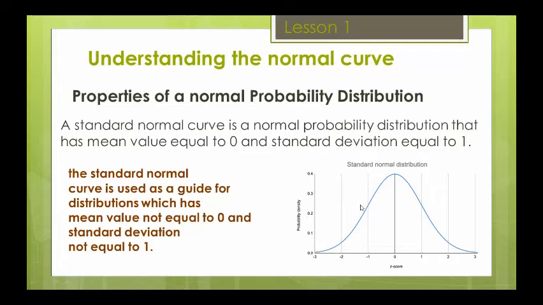So, ito yung ginagamit natin na guide. Pag hindi equal sa 0 yung mean value natin at saka yung standard deviation is not equal to 1, so ito po yung guide natin, yung standard normal distribution.